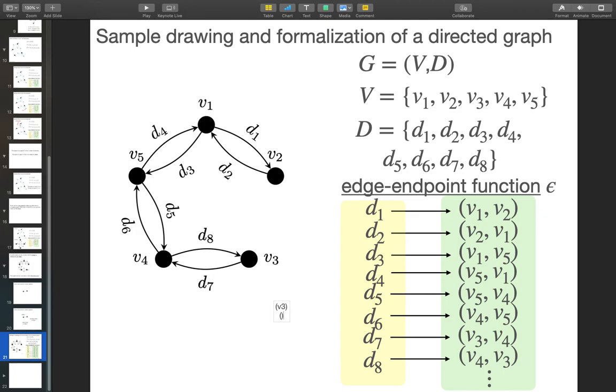Or ganyan. Ito o ito? So, ang sagot ay ito. Yung second choice. So, ibig sabihin, dito, we are saying na yung initial vertex ay si V3, tapos yung terminal vertex ay si V3 din. And that indicates a loop in the directed graph.